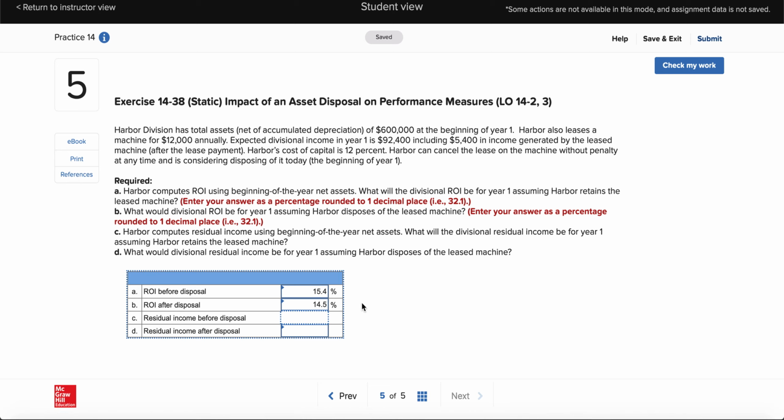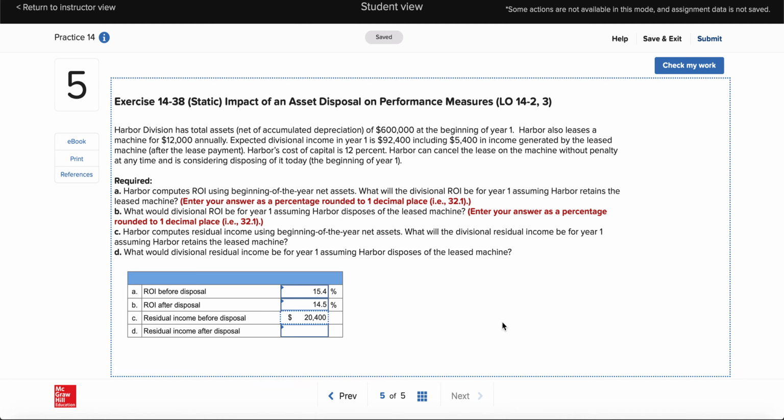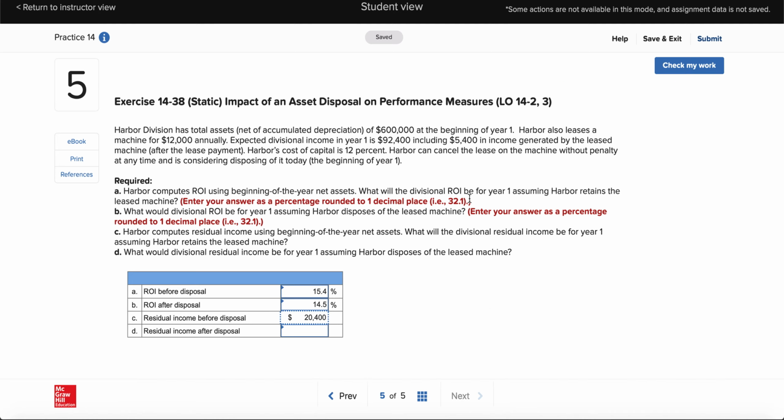So if I multiply the 600,000 times 12%, what the company is saying is that we should get at least $72,000 a year in income from these assets based upon our 12% cost of capital. So I'm going to compare the 72,000 to the 92,400, and this lets me know I have $20,400 above what is required if I'm using a 12% cost of capital.